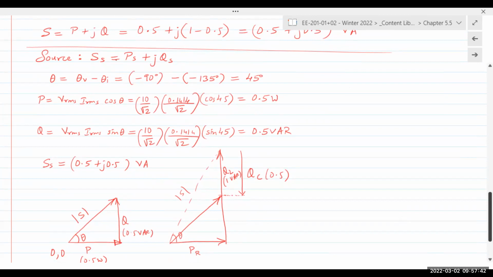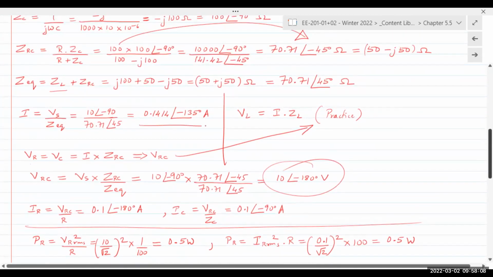So if we take the source, we already found the total current in the system, right? So this is going back to the point where we found I, total current I.